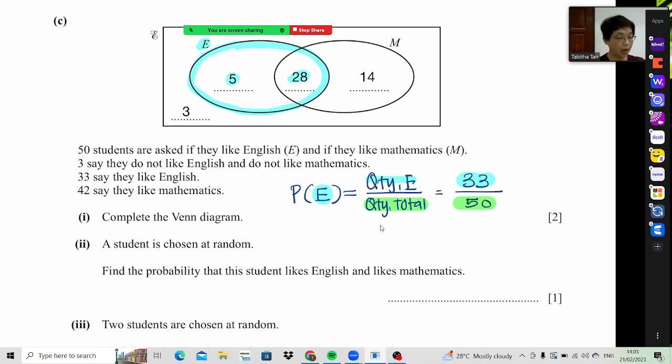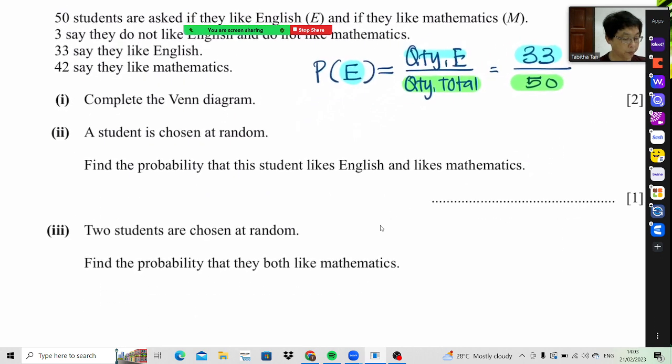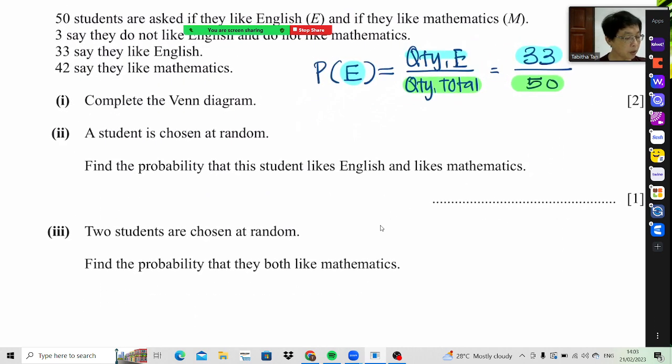Let's go on and apply this general concept to the question, remembering the denominator will be the total pool of students, and the numerator will be the one that the question is interested in. Now, when you read the question, part 2, the student is chosen at random.